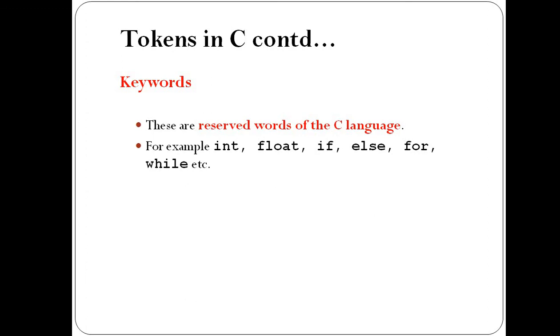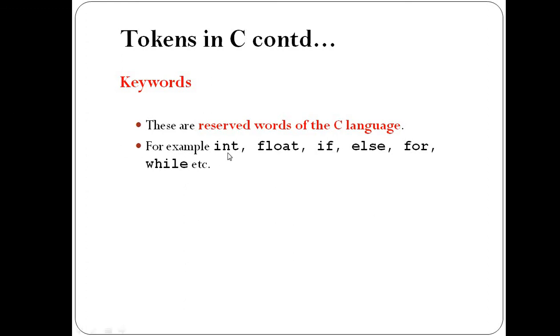Such words are called keywords. They are reserved words, reserved for a particular purpose only, and only for that purpose can we use those words. We cannot use those words for another purpose. That is called a keyword.